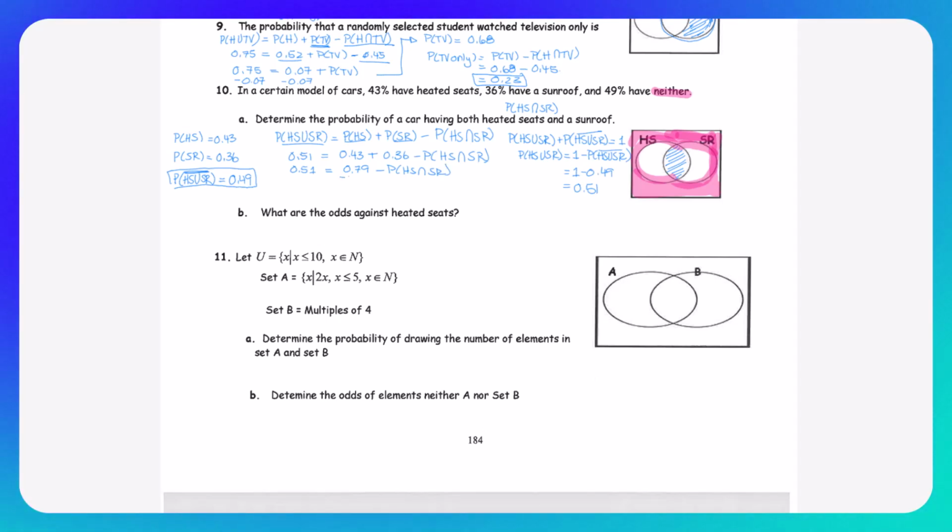Let's subtract 0.79 from both sides. And that's going to give us, sorry, negative 0.28.